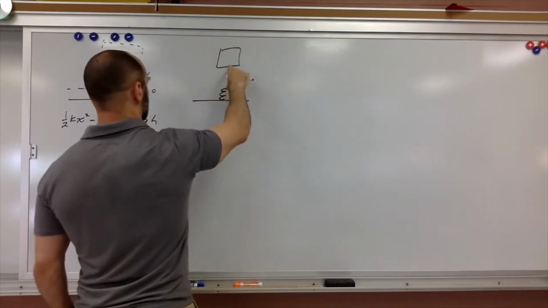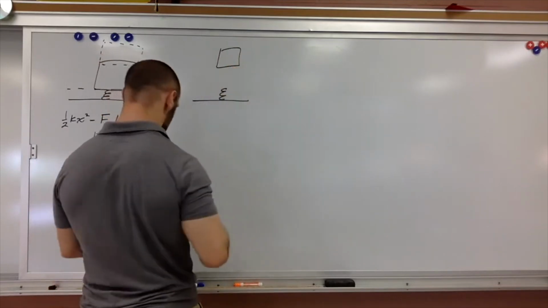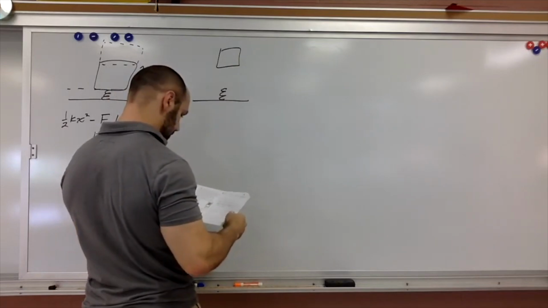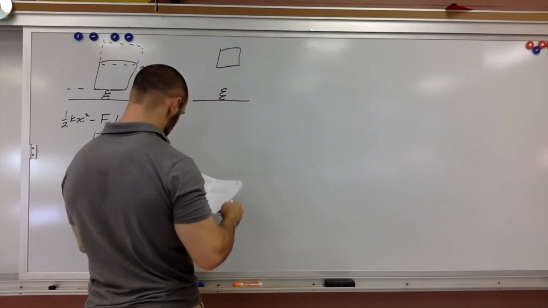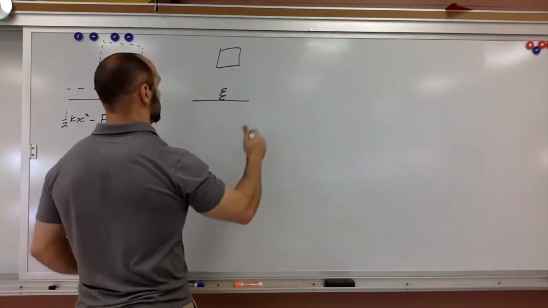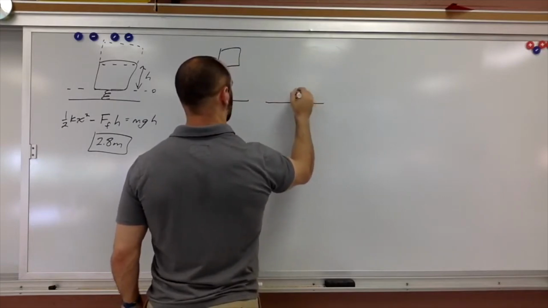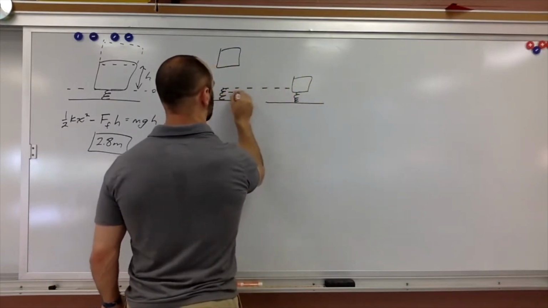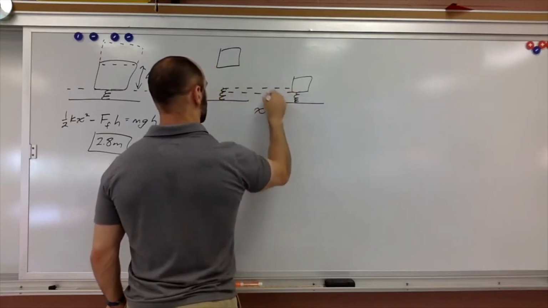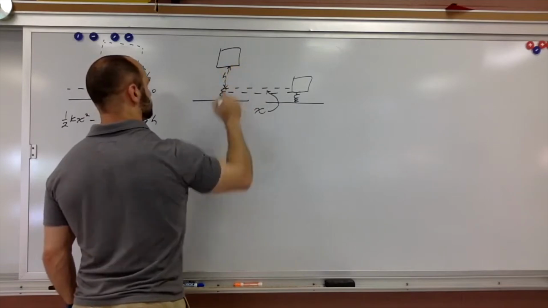It's some distance above here, and we said we already know that that's 3.7 meters. And then at the end, it's going to be compressed some distance x. So this is x in here, and this is whatever that initial height was.